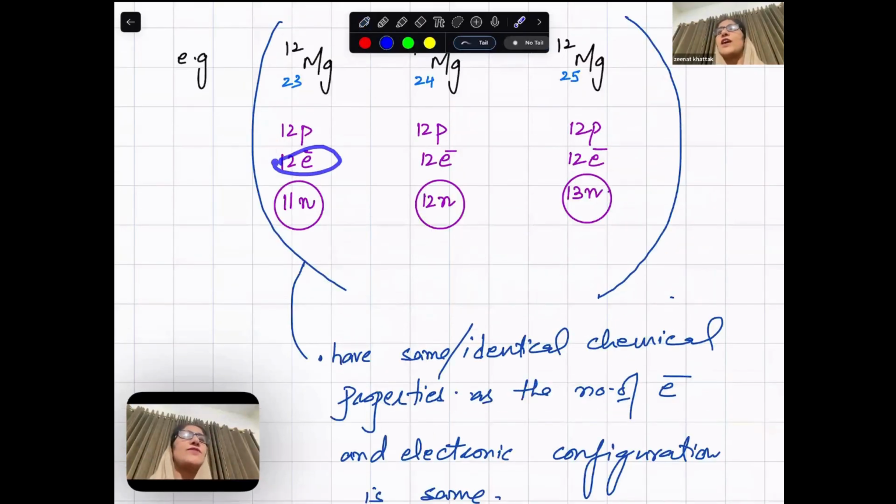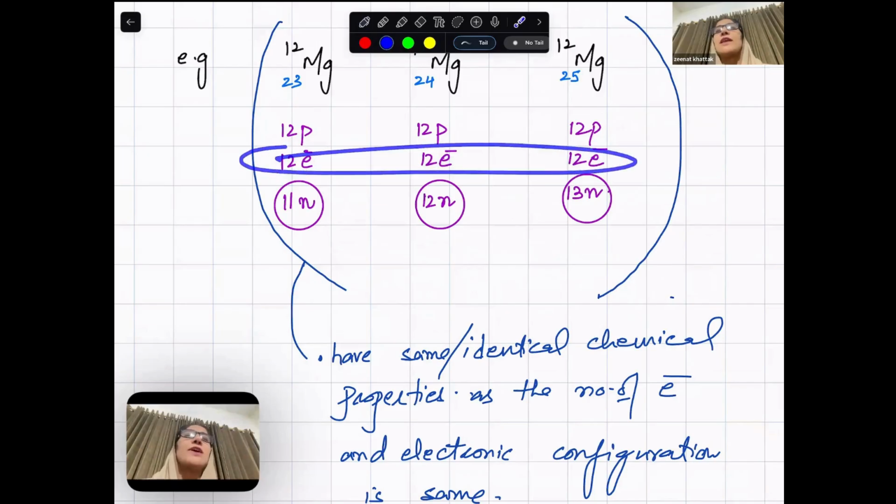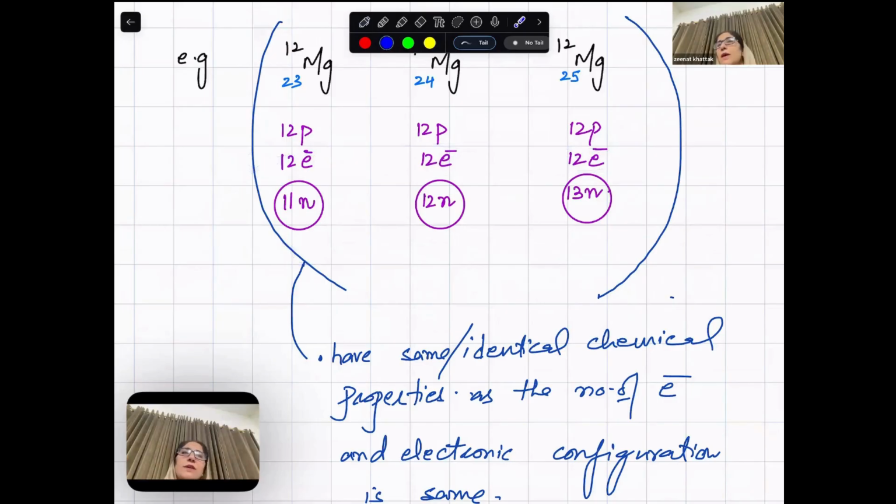All these three have the same electrons, and their electronic arrangements are the same, identical.